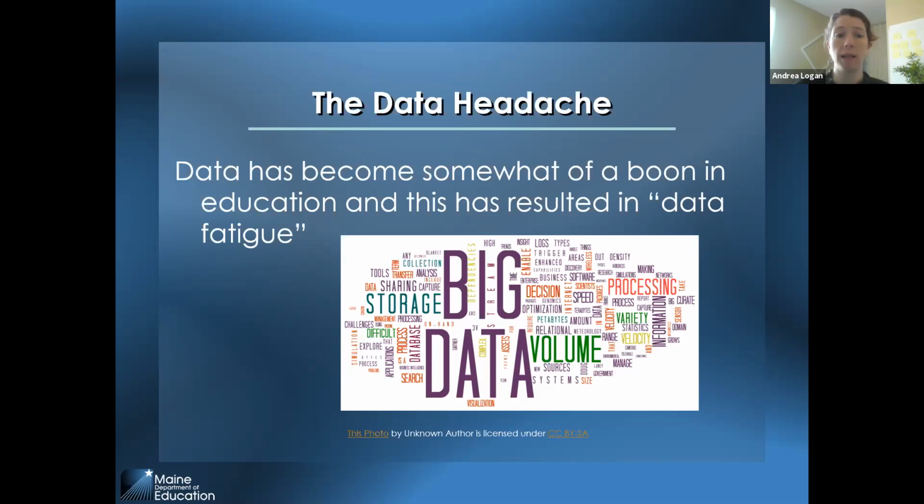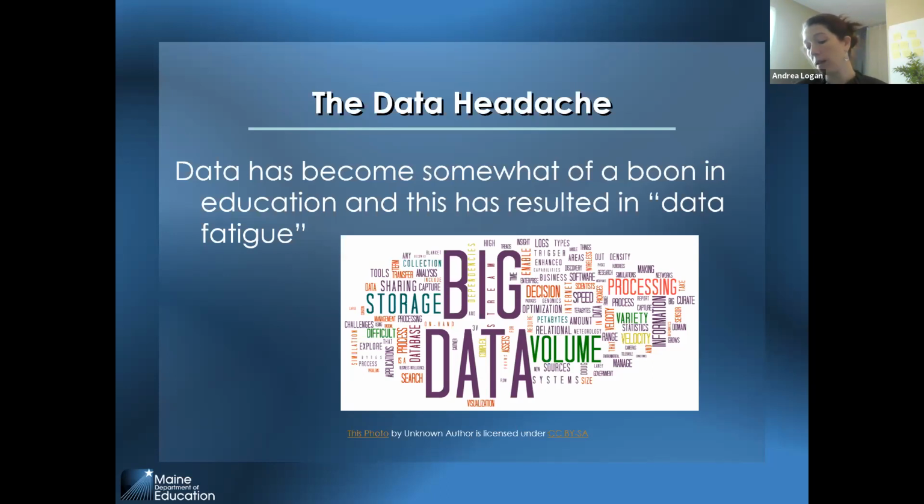It's really difficult to collect data. In my mind, I can picture all of this data that I have collected in the past, and the data that my peers have collected in the past. What's tricky about it is you spend all of this time collecting it, but you don't always spend the time using it. The more precise we can be with our data collection methods, the better we can avoid the data fatigue or the data headache.